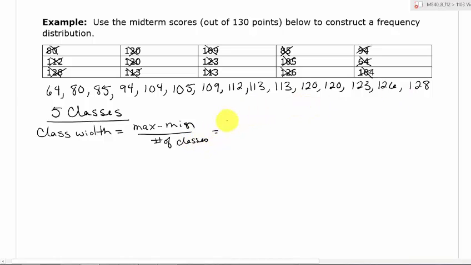So our maximum data value was 128. Our minimum data value is 64. And then we want to divide that by 5. So when we do this calculation, 128 minus 64 gives us 64, and then divide that by 5. That gives me 12.8. We want to round this up to a nice number. So we're going to use 15 for our class width.